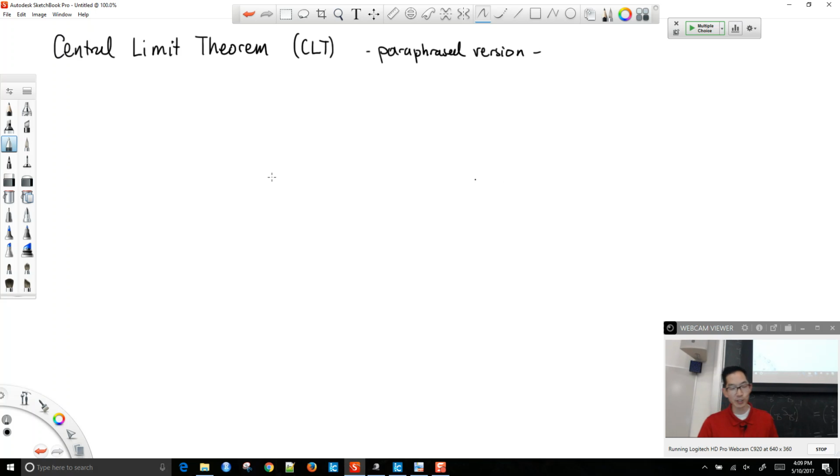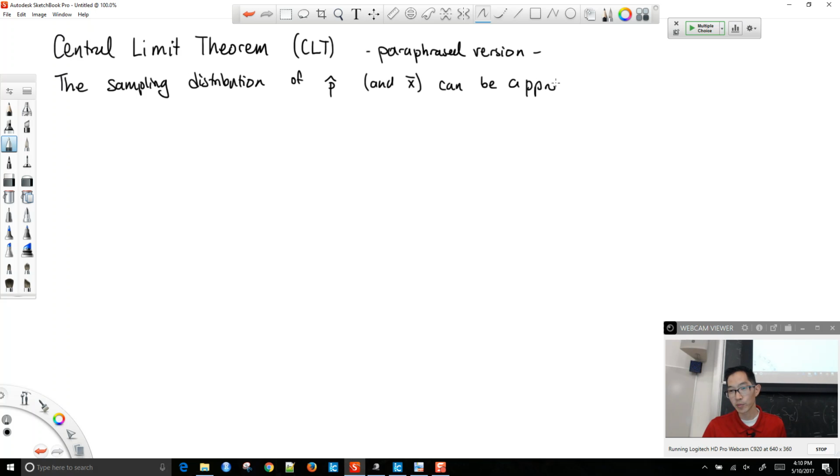The paraphrased version is that the sampling distribution of p hat and x bar can be approximated with a normal distribution as long as certain conditions are met.